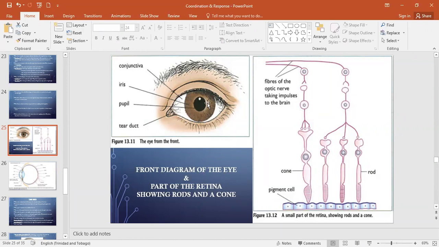And your pupil can either get smaller to allow less light to enter, or get bigger in order to allow more light to enter. We're going to talk about what muscles are involved in pupillary responses, so when the doctor flashes a bright light in your eye, why your pupil gets smaller, or why it gets bigger in dimmer light. Okay.